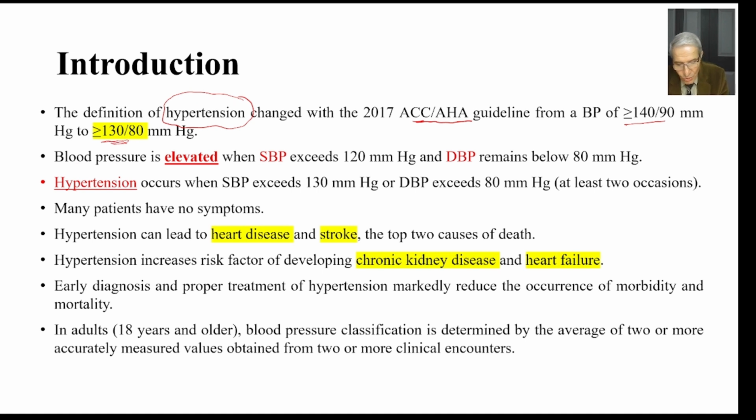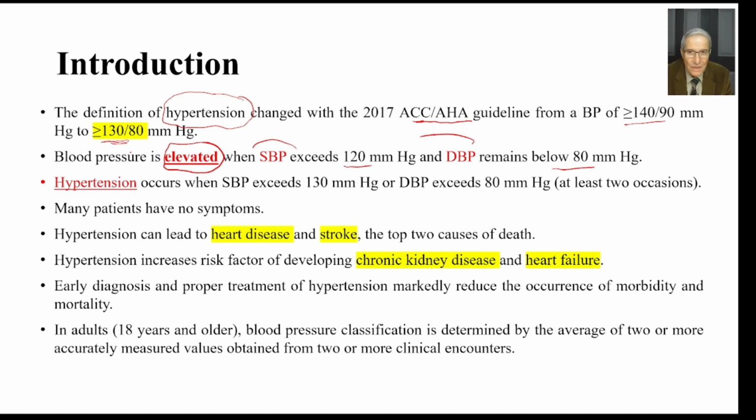Okay, this is number one. Number two, they said, what happens if the patient exceeds 120 and is below 80? Here we are talking about systolic and diastolic. So they said if the systolic blood pressure is 120 and diastolic is below 80, this is considered elevated blood pressure, slightly elevated blood pressure.